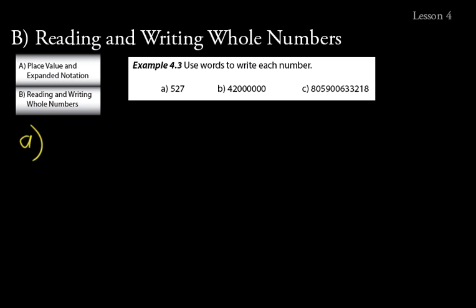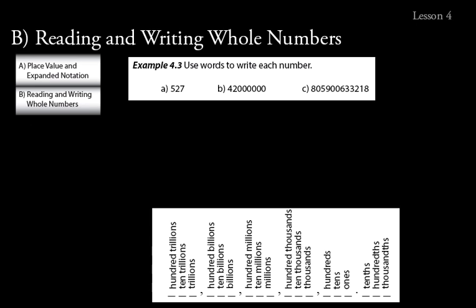So we use words to write each number. Take a look at example 4.3. Use words to write each number. And we'll use the place value chart if you need it. So put that up on the screen there. And for A, we have 527. So if you really need to, write it in the place value chart.